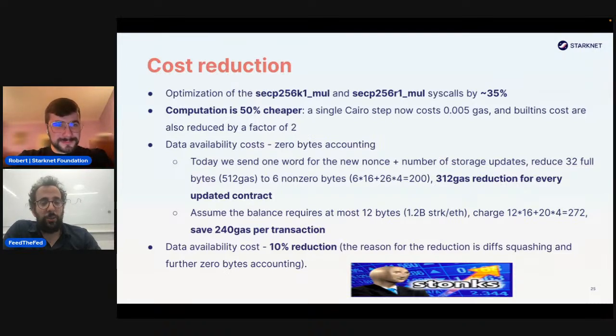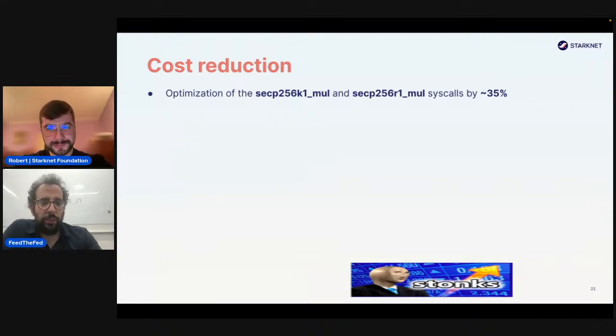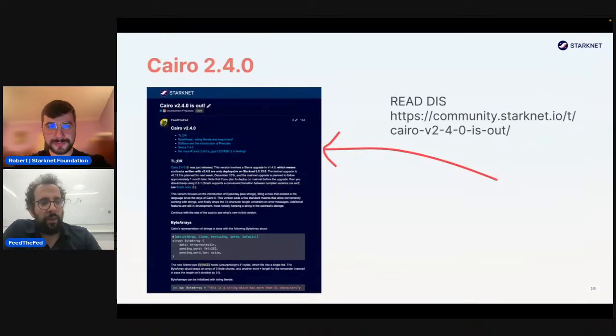Not really, but as you saw, there is a lot of stuff in store. Probably a lot more cost reductions to be had, a lot more updates on the Cairo front. For example, we're starting to think about storage arrays and storage maps, which is something that has been requested for a while. Nicer loop syntax, a lot of news on the Cairo front as well.